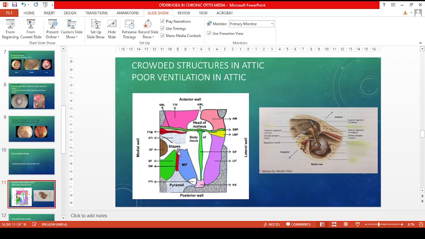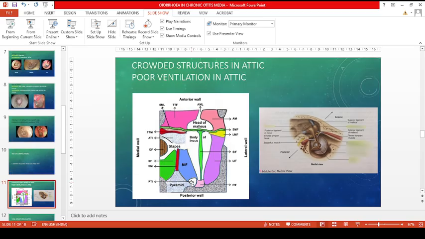If you see the first picture, you can see a cut section of the ossicles at the level of the attic. Here we can see the mucosal folds surrounding the ossicles all around, leaving just two tiny pores called the anterior and posterior tympanic isthmi through which the attic gets ventilated from the mesotympanum.